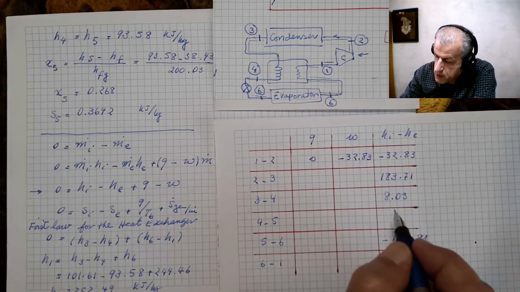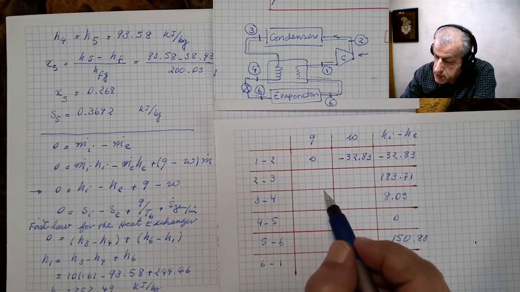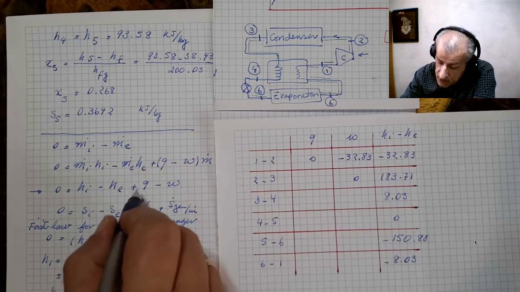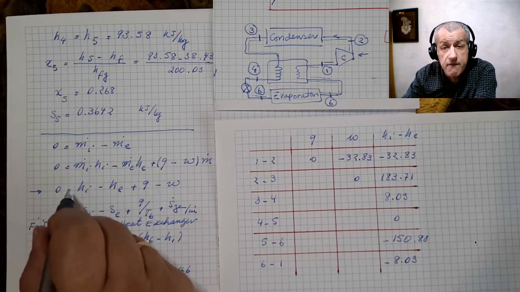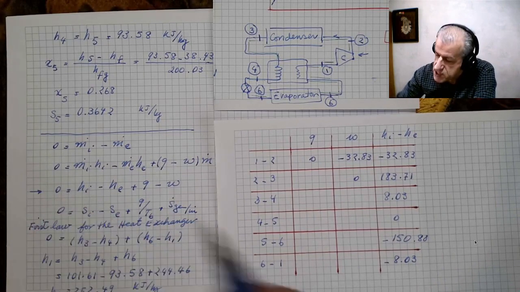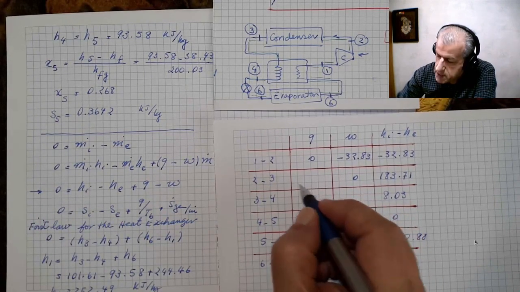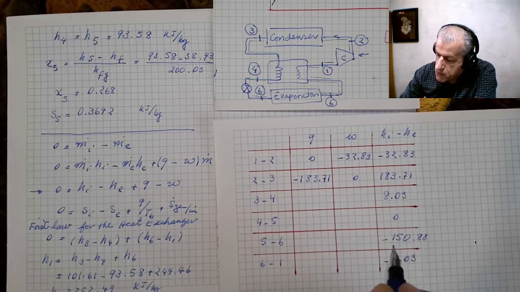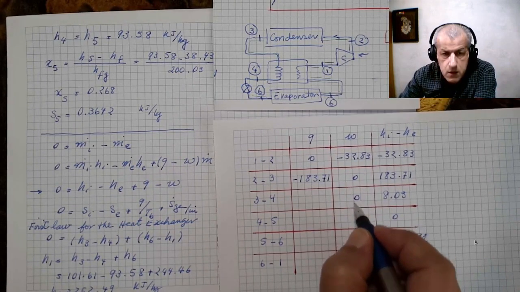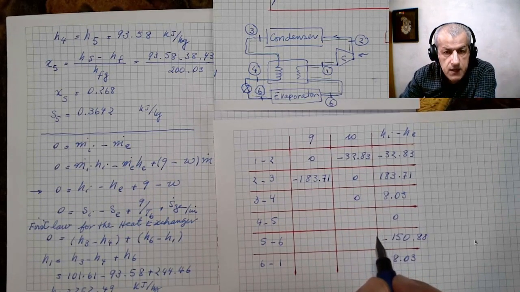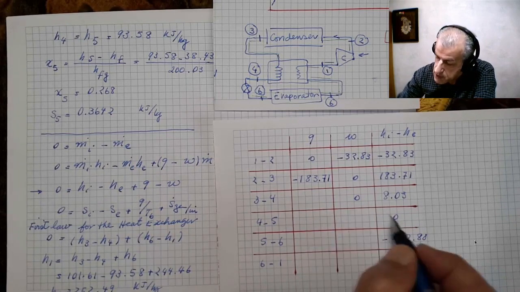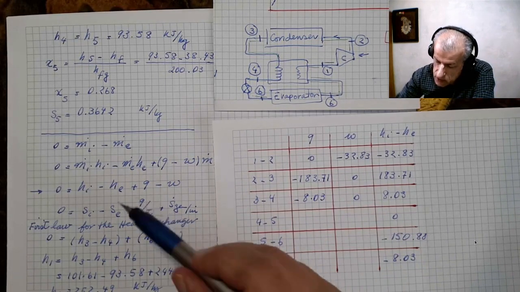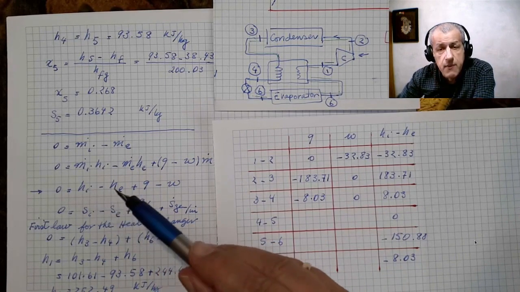minus 32.83. For process 2, 3, there is no work, work is 0, and heat transfer would be the negative sign of Hi minus He, so it would be minus 183.71. For process 3, 4, there is no work, it's only heat transfer, and Q would be minus 8.03. You see, all Q values would be negative of Hi minus He.